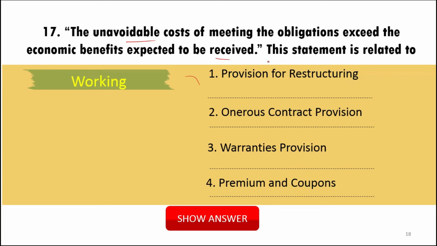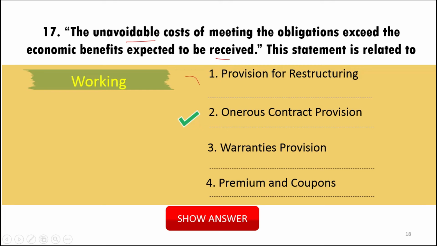The options are provision for restructuring, onerous contract provision, warranties provision, premiums and coupon. We call it onerous contract provision. So the correct option is option number 2, onerous contract provision.